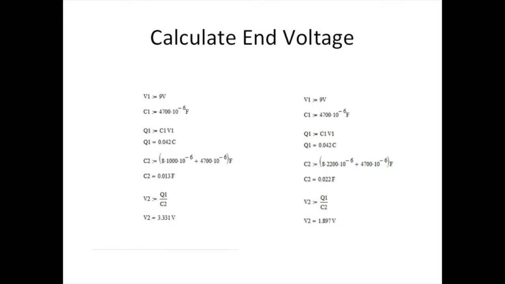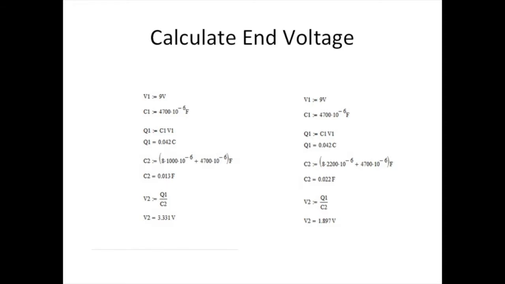Then if we form a second capacitor as the parallel combination of the 8 1,000 microfarad capacitors and the 4,700 microfarad capacitor, we end up with a bulk capacitor that has the same amount of charge stored on it, and dividing that charge by the total bulk capacitance, we come up with what should be an estimated 3.33 volts.